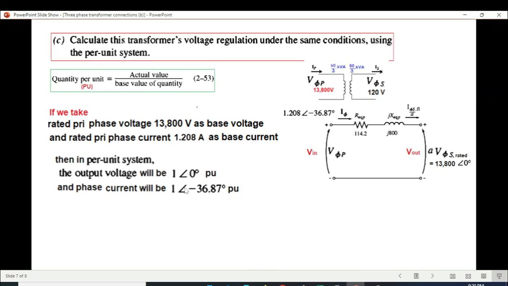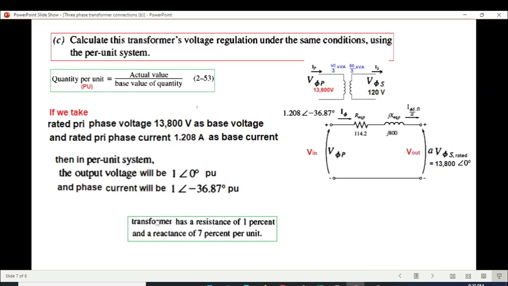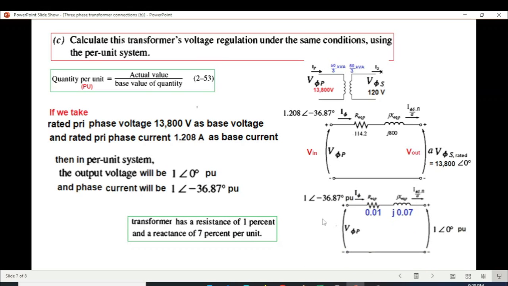So now we'll plug in these values in our circuit. We'll also plug in the resistance and reactance, which is already given in per unit in the question. So our new circuit will have current as this value, output voltage 1 angle 0, and resistance and reactance: 1% is actually 0.01 and 7% is 0.07.